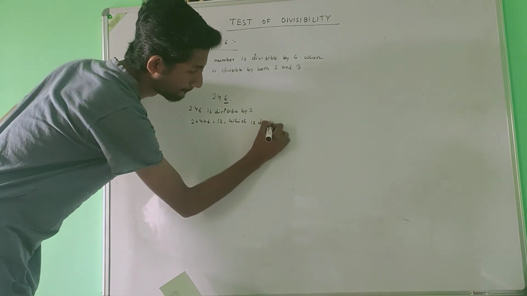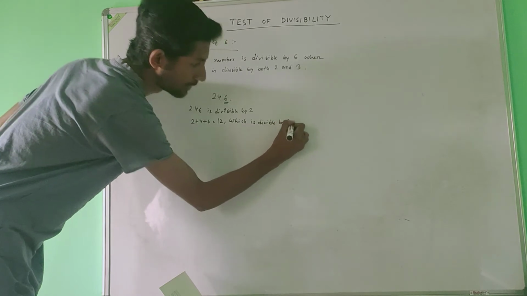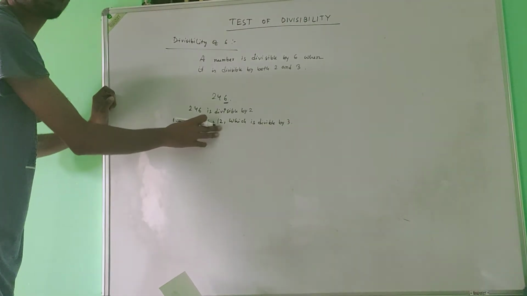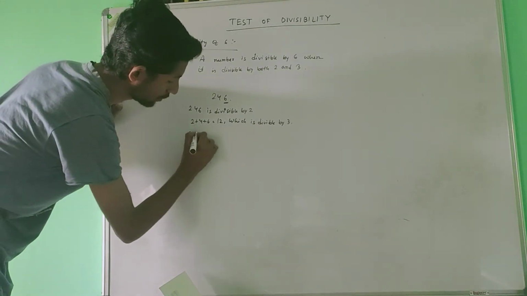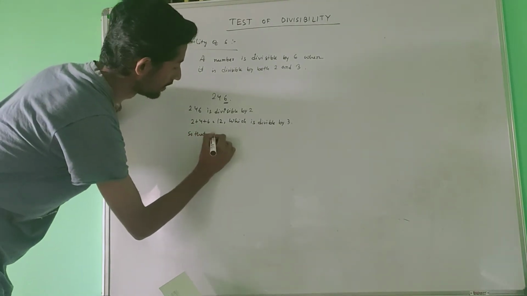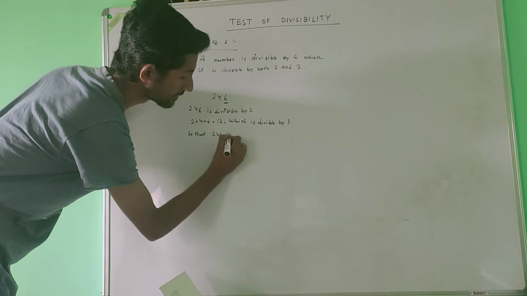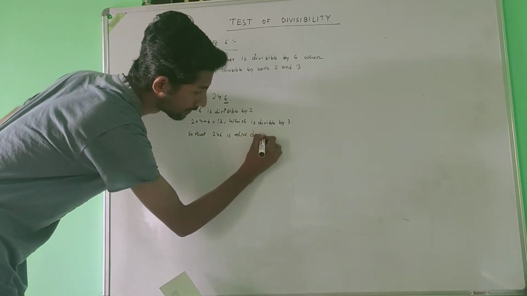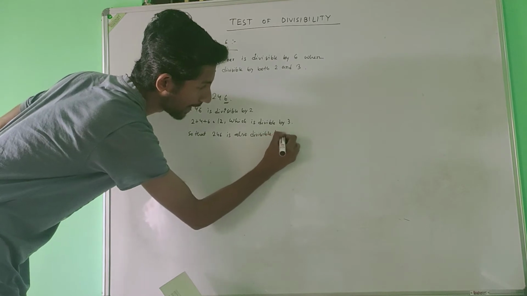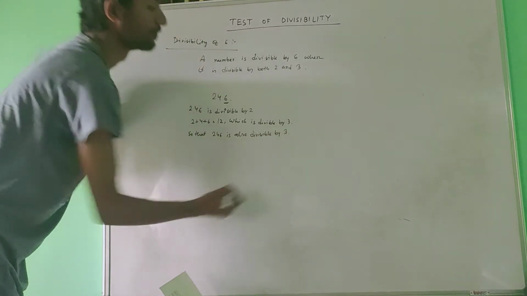divisible by 3. It is divisible by 3 because 3 fours are 12, so 246 is also divisible by 3.